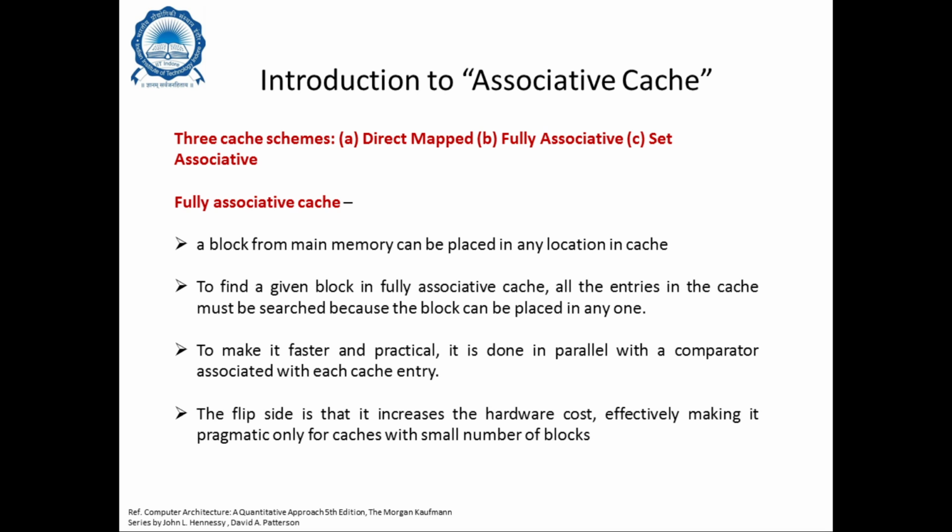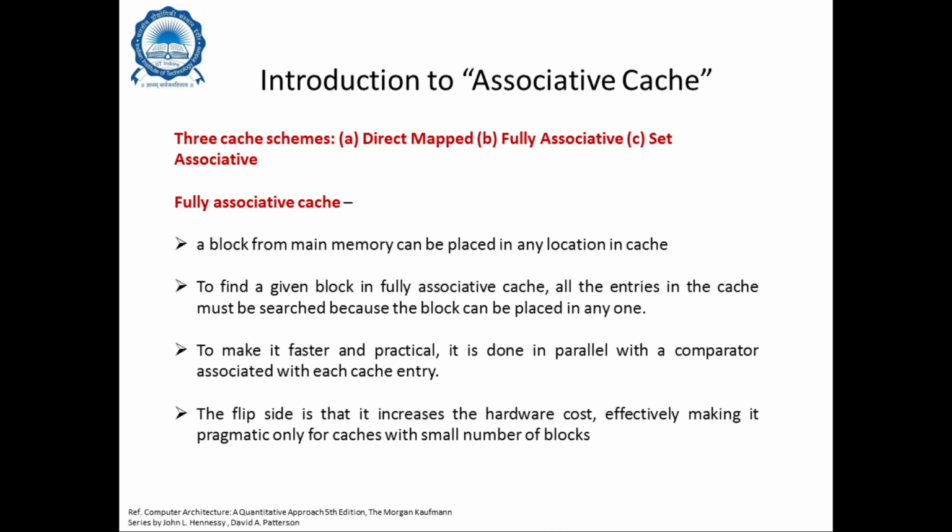To make it faster and more practical, the search is done in parallel with comparators, because you would like to compare the tag bits from the RAM and the tag bits of the cache associated with each entry of the cache. Since it is faster and more practical to do it using parallel comparators, there is of course a trade-off involved.